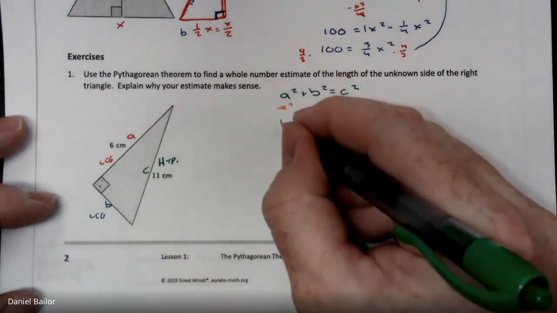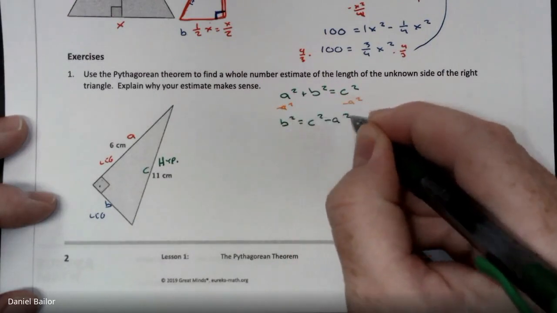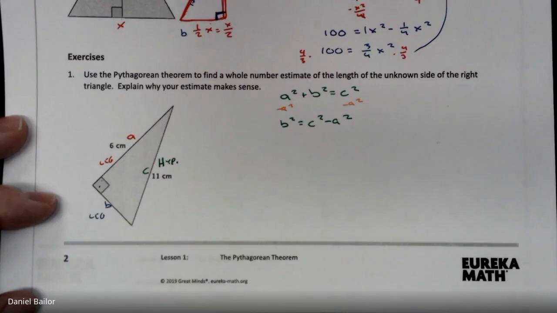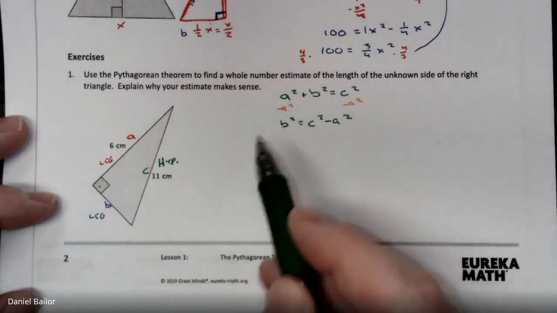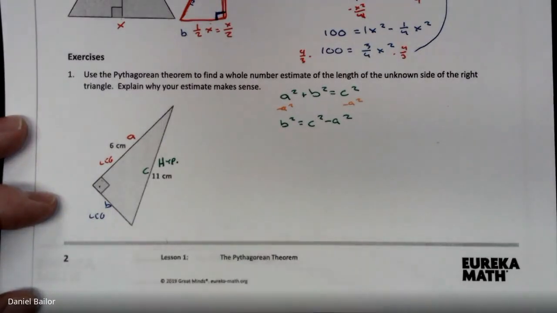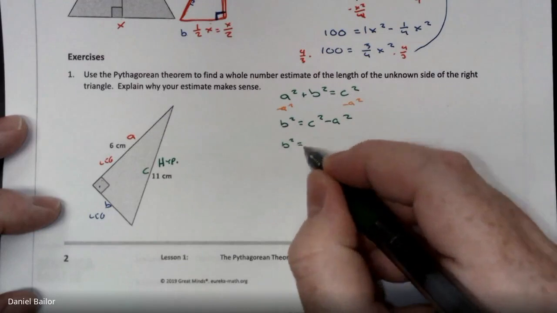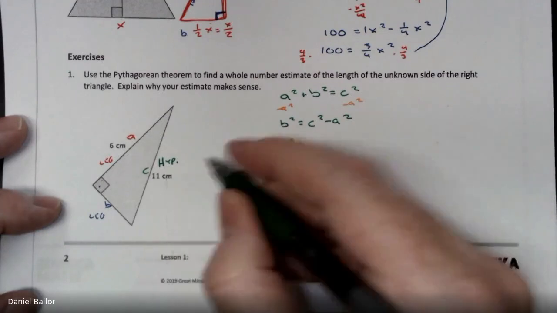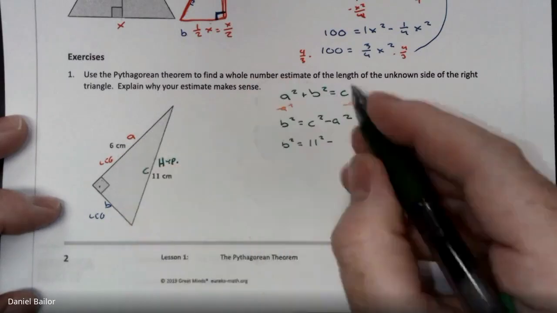That gives me the B squared by itself. B squared equals C squared minus A squared. Because B is missing, I want B isolated. Now we substitute. B is what's missing, so that stays B. C, the hypotenuse, is 11. A, the leg, is 6.